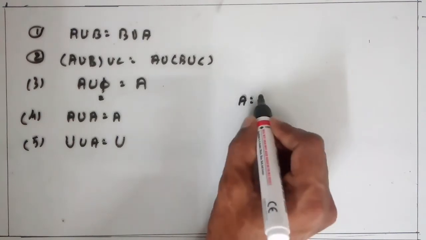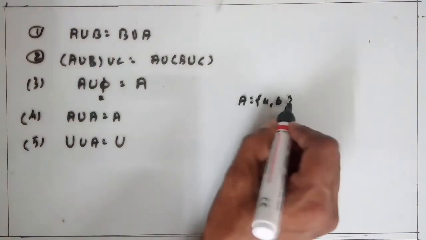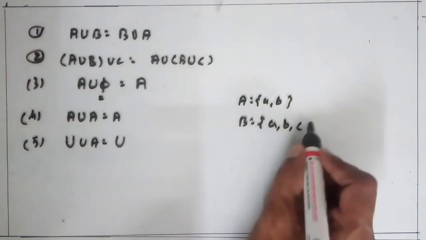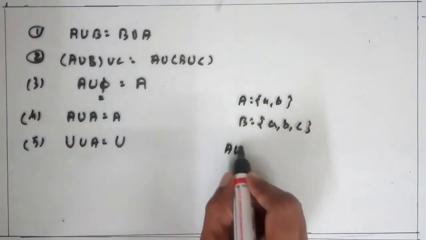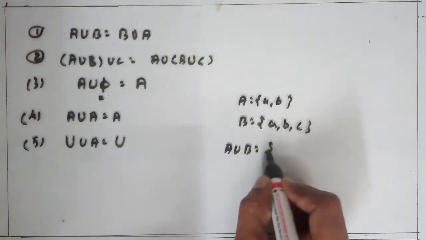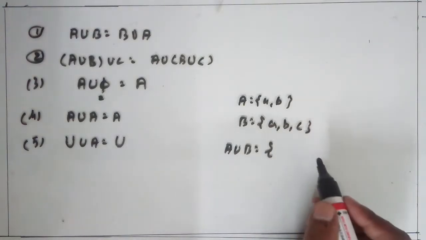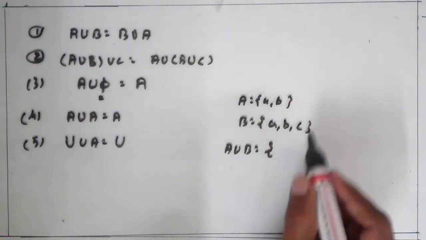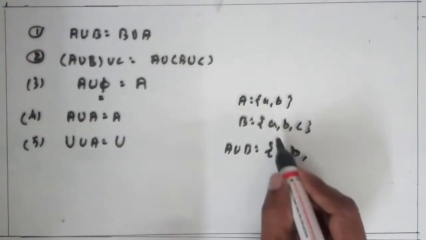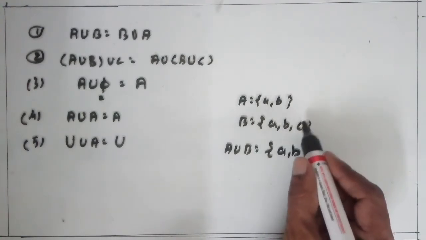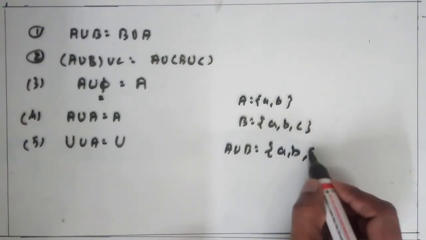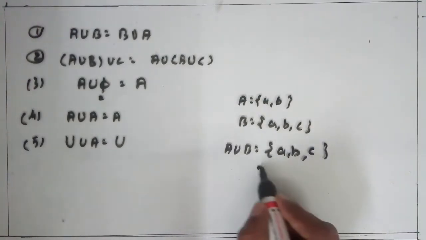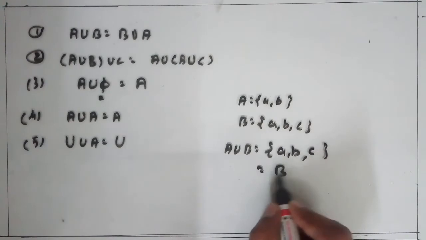If we have set A is equal to {A, B} and set B is equal to {A, B, C}, then think about the union of A and B. What do you say about the elements of A union B? A union B is equal to A, B, and the remaining element of B we write from this set B, C. Clear? So {A, B, C}, and {A, B, C} is equal to B itself.